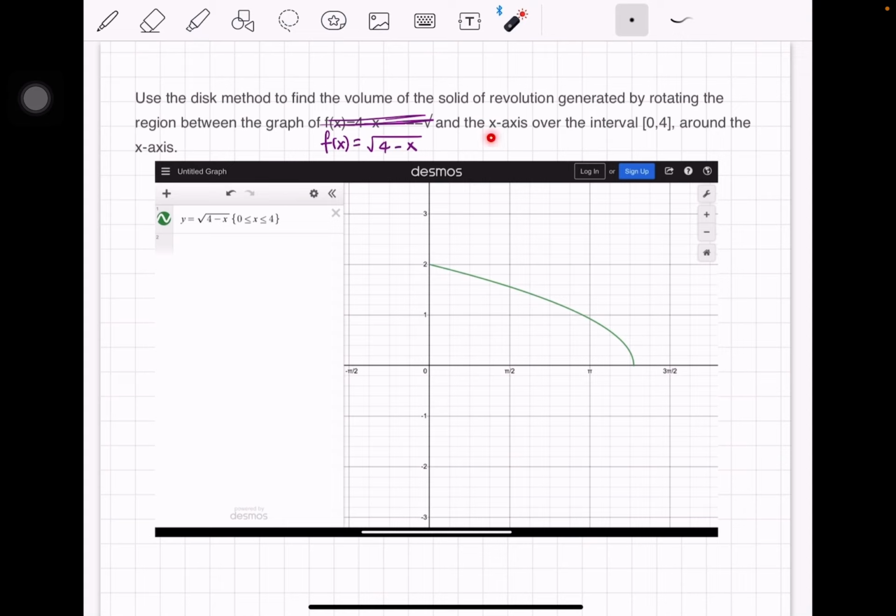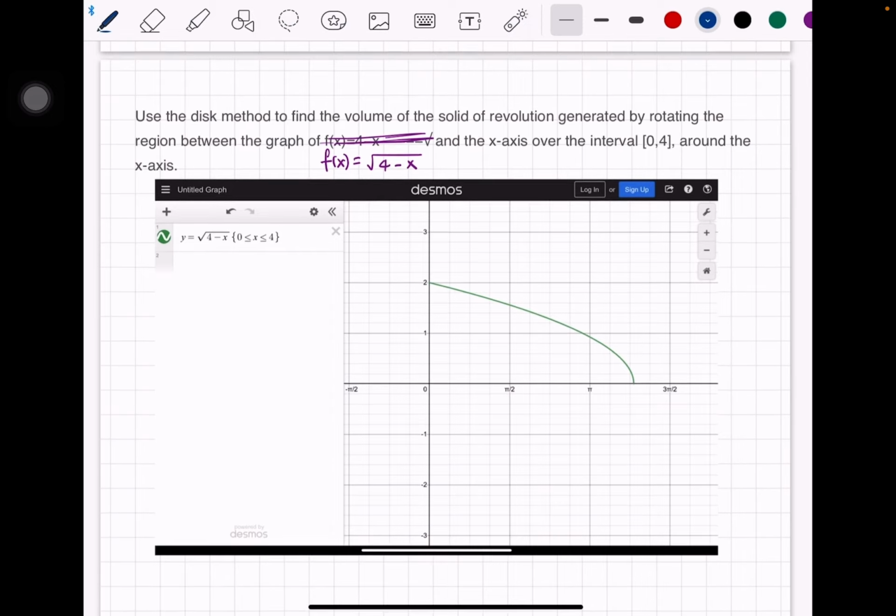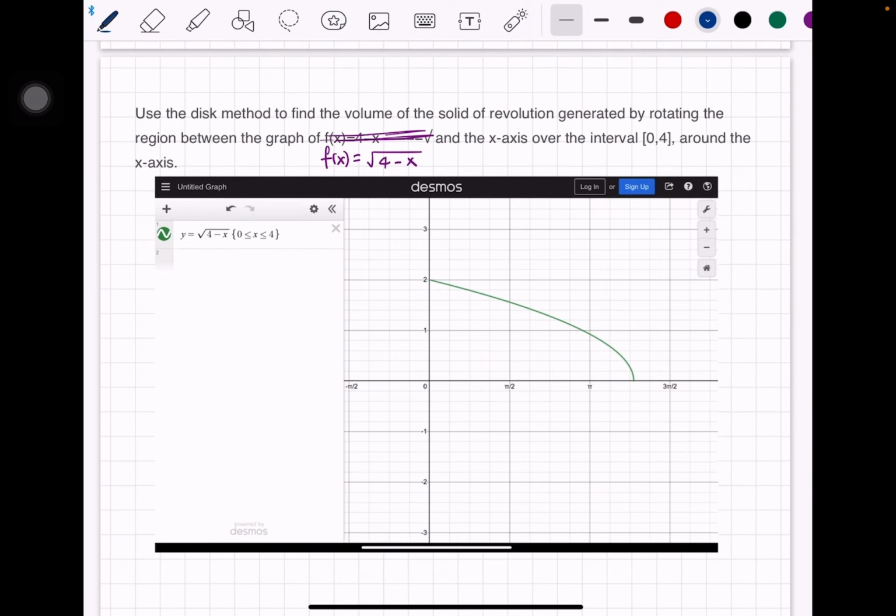Then we are going to rotate it along the x-axis. So the three-dimensional shape looks like that.